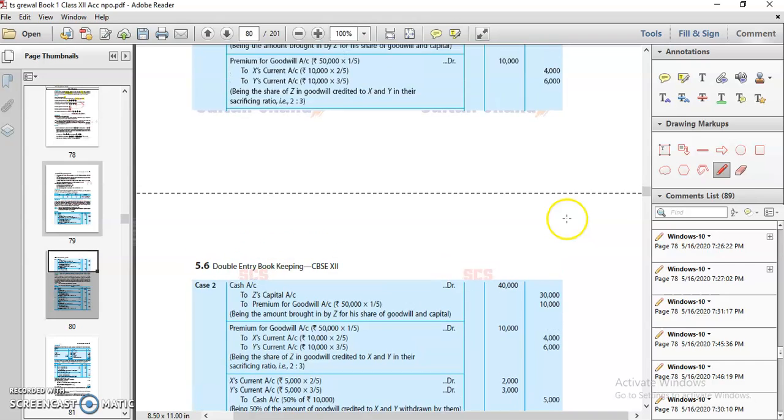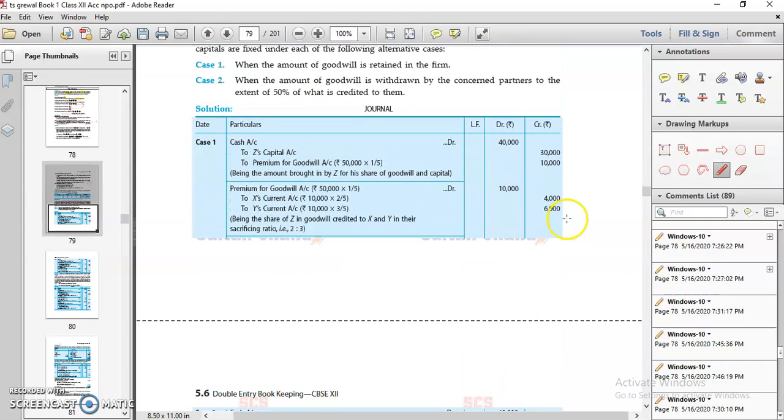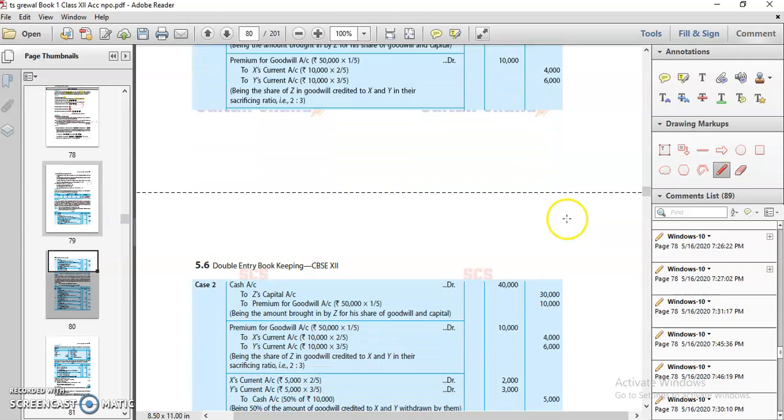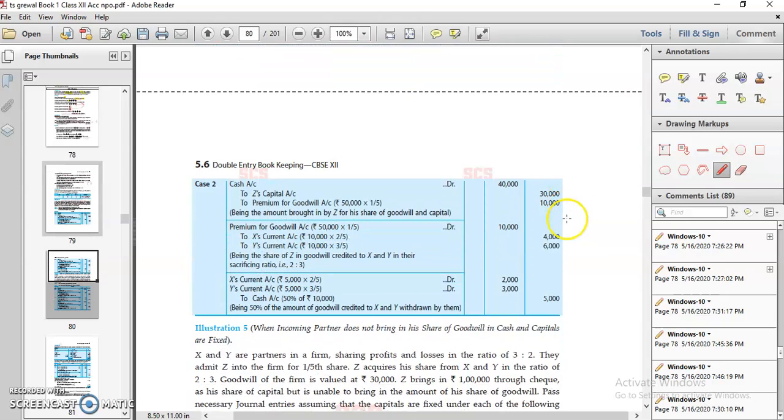Next case. When the amount of goodwill is withdrawn by the concerned partners to the extent of 50% of what is credited to them. It means whatever amount the old partners get, 4,000 or 6,000, 50% of these amounts is withdrawn by the old partners.